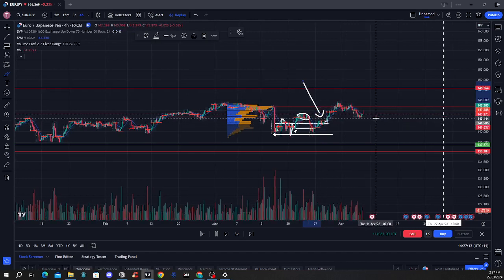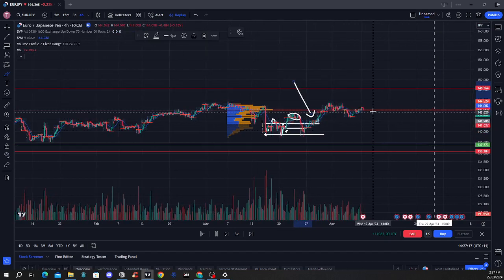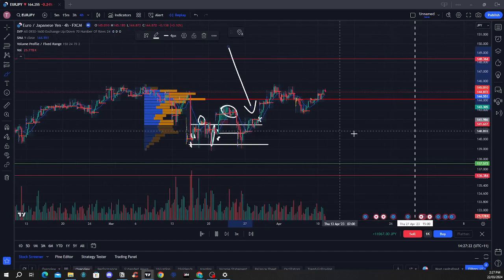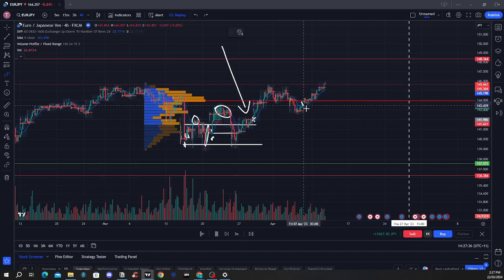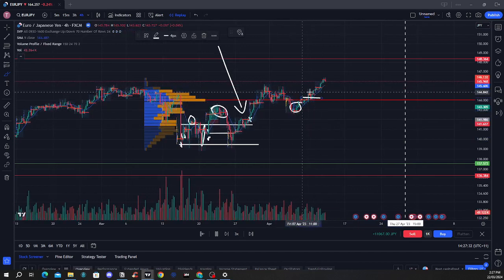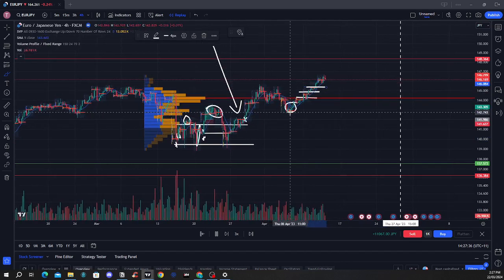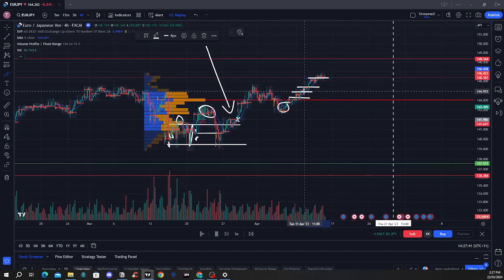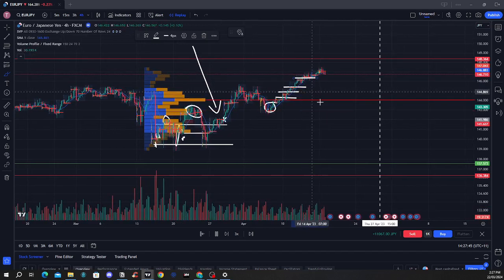Any test of this area, you'd want to take a long or establish a long position. This area here is a perfect continuation area according to my strategy. You've got these multiple 4-hour SMA retests, which are also valid areas to take long positions according to my methodology.